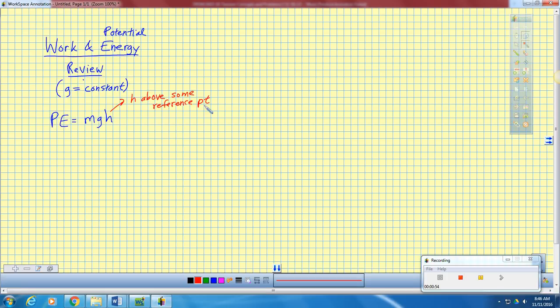So as an example of this, if I have a table and I hold a ball above that table, I could say that the potential energy of this object is mg times h, where h is the distance above the table. Or if I choose to use the reference point as the floor, then I've got a different mgh.